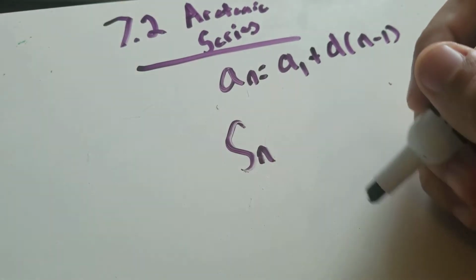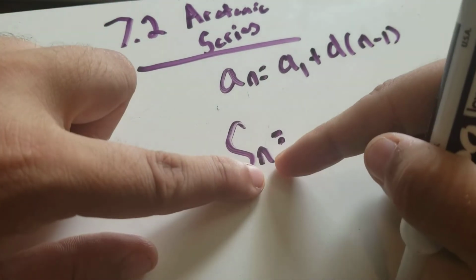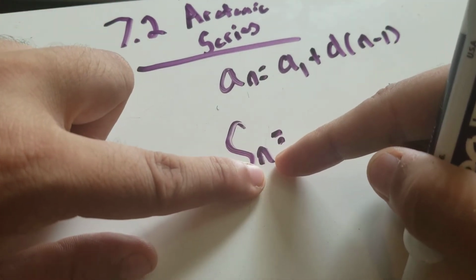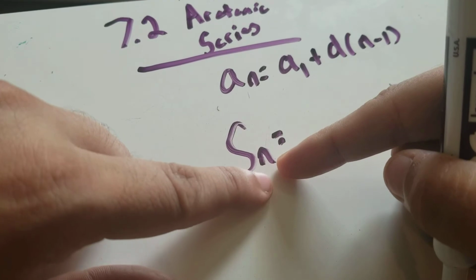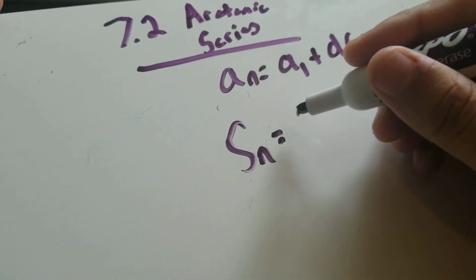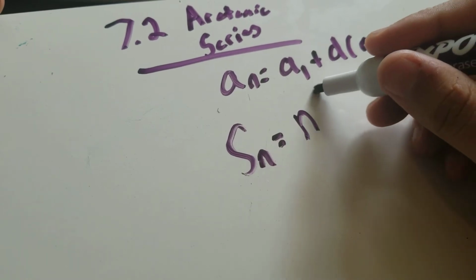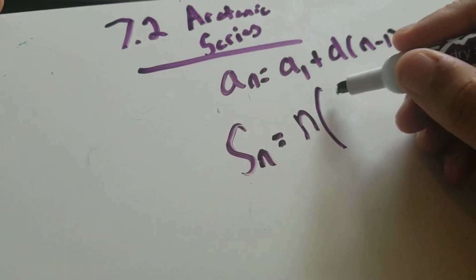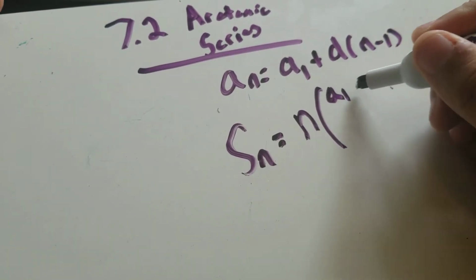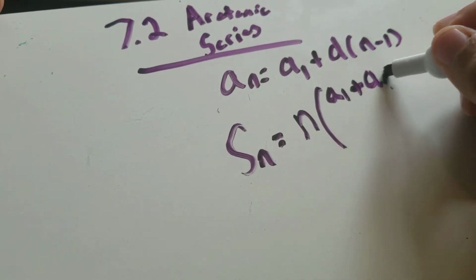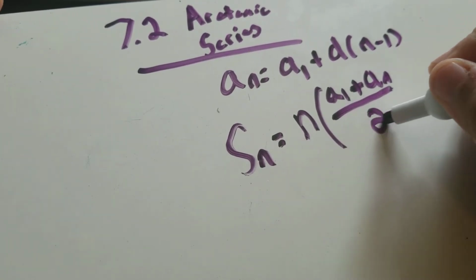The n means how many steps I'm going. Sometimes it's 20, sometimes it's 100, sometimes it's a billion. So the sum of the nth step is going to be n, how many steps I took, times a1 plus an, divided by 2.